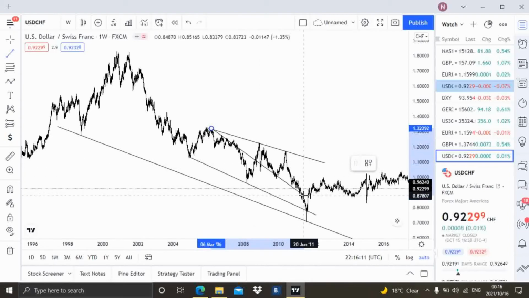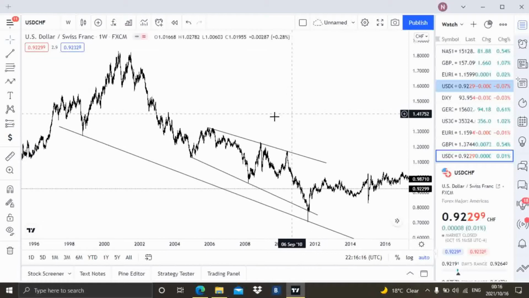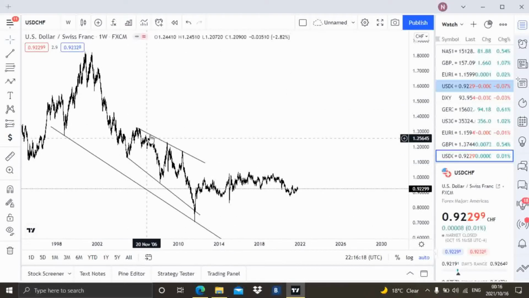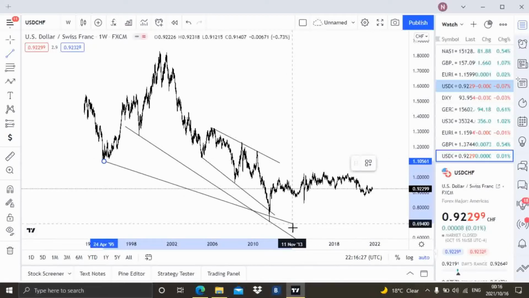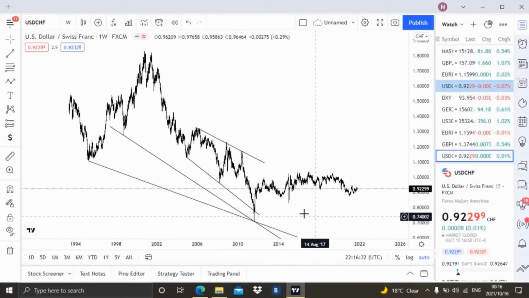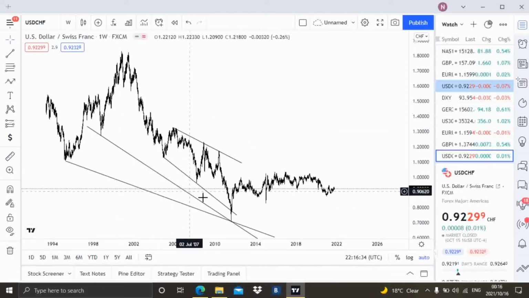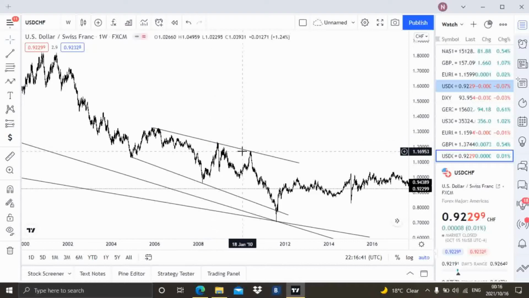If it goes through candles like this, it's not a trend line. A trend line is the structure of the market. Like for instance, this point here and this point here, this is a valid trend line, and here also, this one I just drew here, it's a valid trend line.